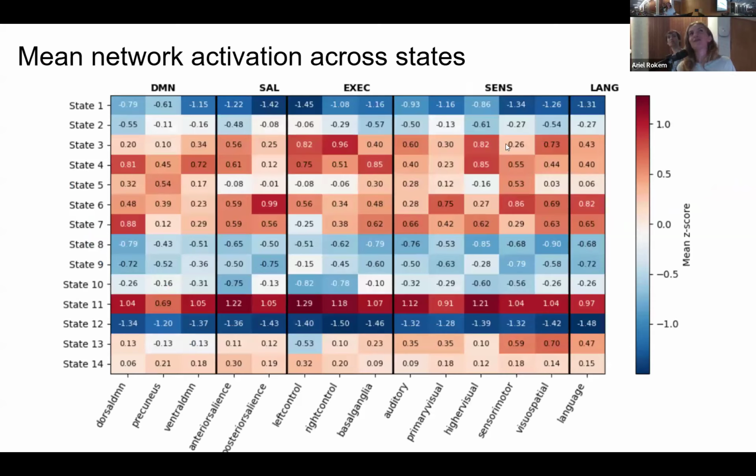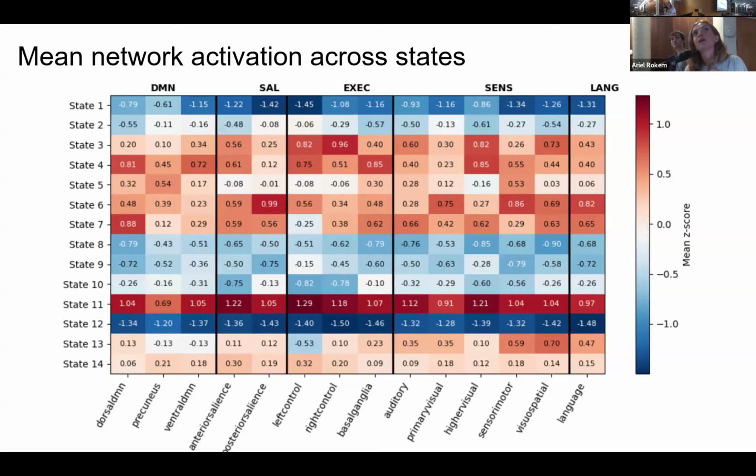Each state can be defined by the mean network activation across the narrative processing experience. This is a visualization of the mean activation within each network, and each network is grouped into families: default mode, salience, executive, sensorimotor, language.